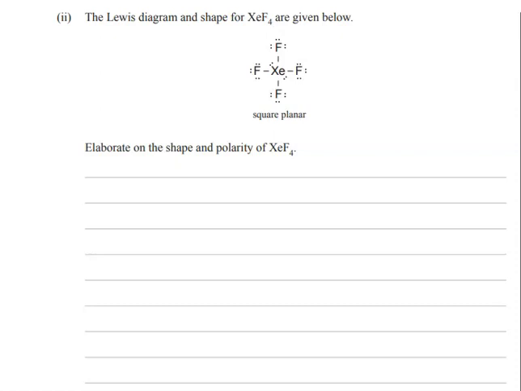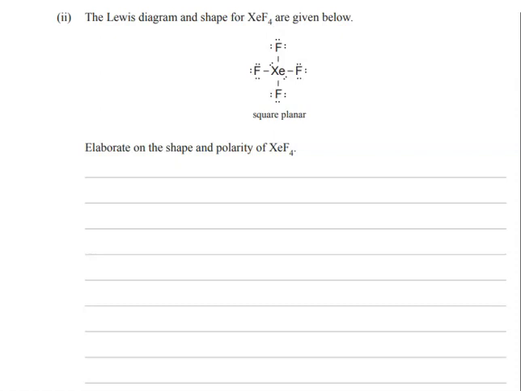So the XeF4 molecule has 6 regions of negative charge surrounding its central atom. These repel for maximum separation to form an octahedral shape. There are 4 bonding and 2 lone pairs of electrons, meaning that the lone pairs of electrons will take up the axial positions in order to get as far away from each other as possible, leaving the shape of XeF4 to be square planar.